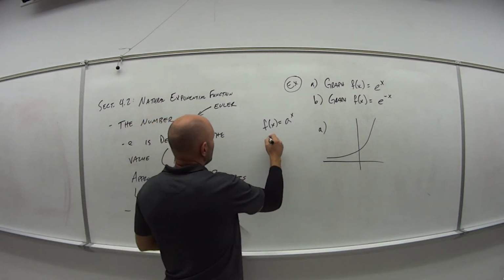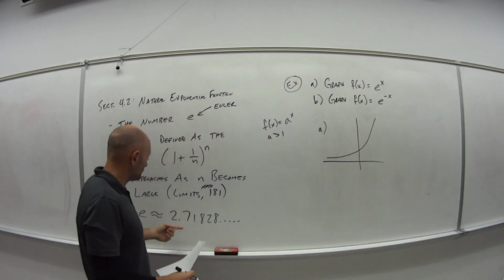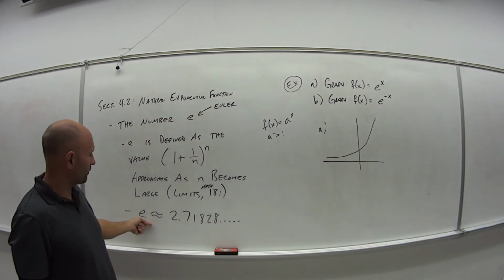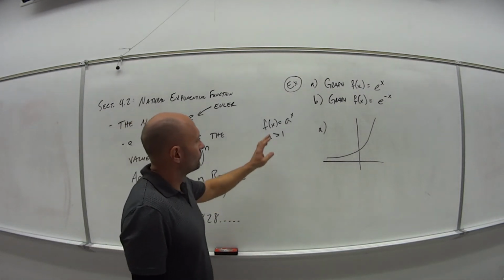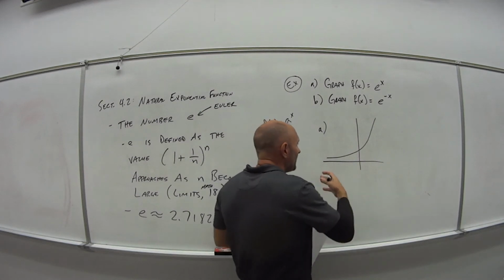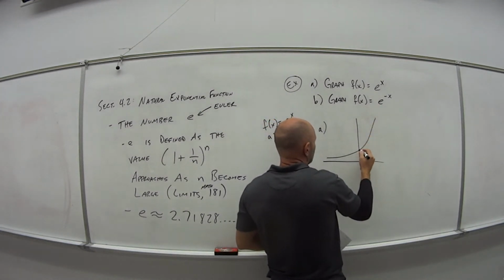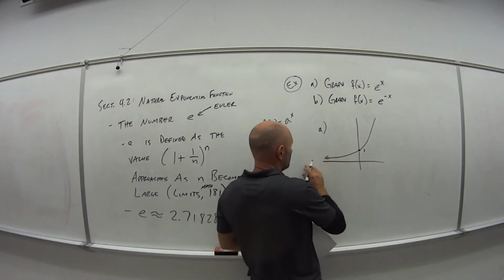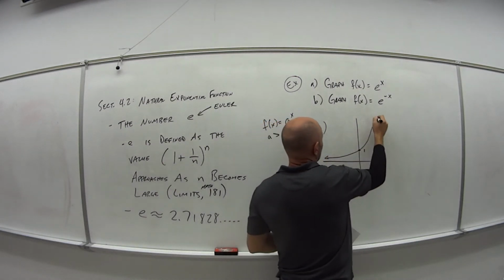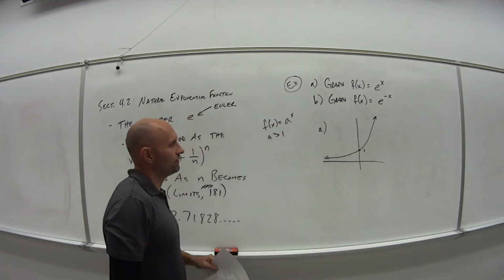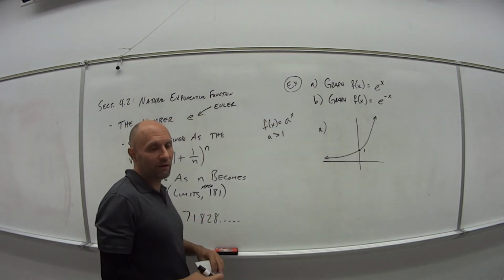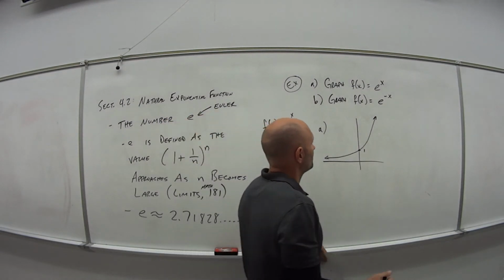This is when a is greater than 1. Well, a is greater than 1. E, which is our base, is 2.7-ish. So this graph is going to have that same sort of shape. It's going through the point (0, 1). It's heading towards 0 on the left and it goes to infinity as we near positive infinity. So that's what the graph of e to the x looks like.